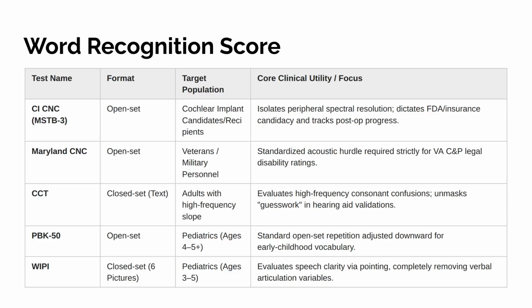Then we've got the WIPI, word identification by picture identification. This is a closed set test, and you have pictures that the patient is pointing to for age 3 to 5. So it evaluates speech identification by picture pointing, completely removing the hurdle for verbal expressive language issues. They can just point to the response.